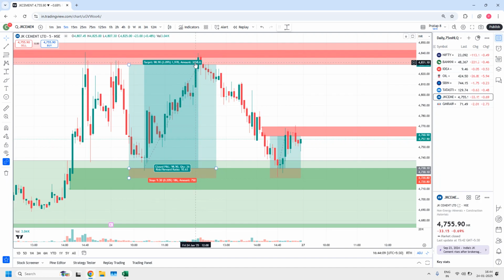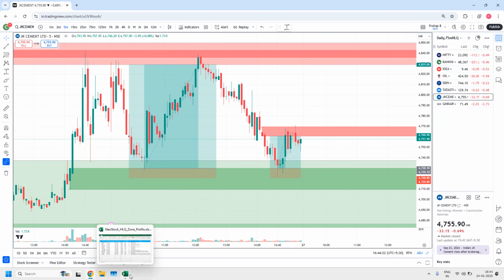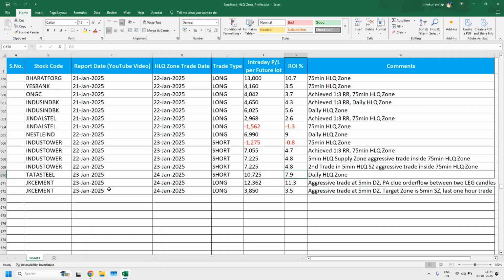If I invest 1,000 rupees risk for taking this short trade, there is nothing wrong. Even if it is stopped out, I will still get 5,000 rupees profit, right? First of all, how much profit has JK Cement given? JK Cement has given 12,362 rupees profit, which is 11.3% ROI.